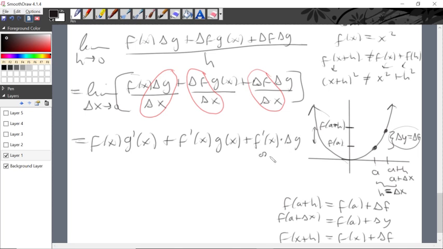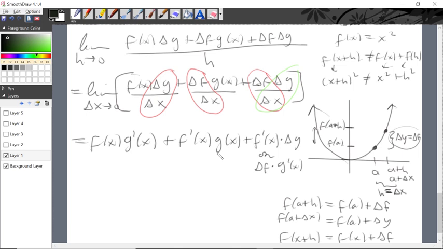Or we could have instead applied the delta x, kept it in a ratio with the delta g, and then that would have left us with a g prime of x, but then we would have had a delta f without a denominator of delta x with it.